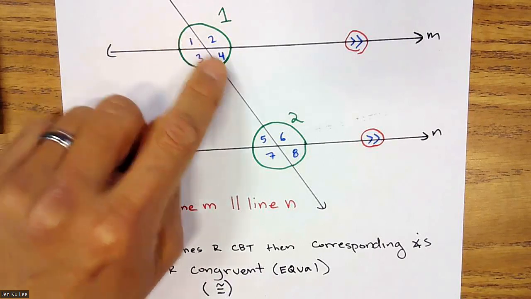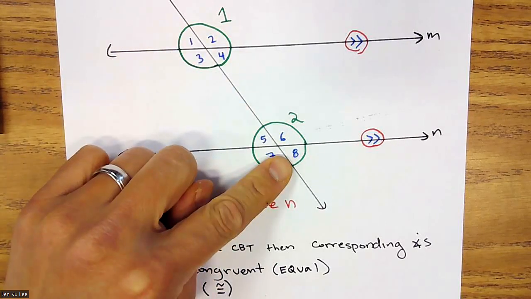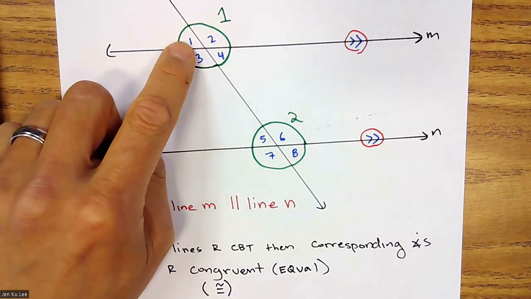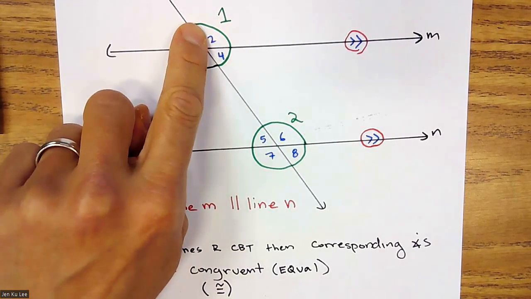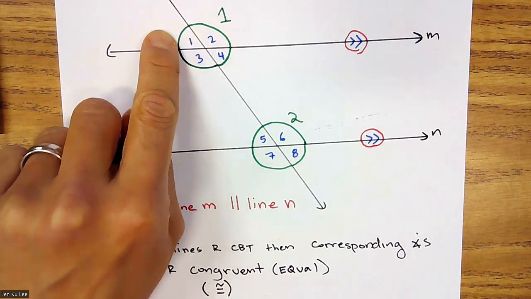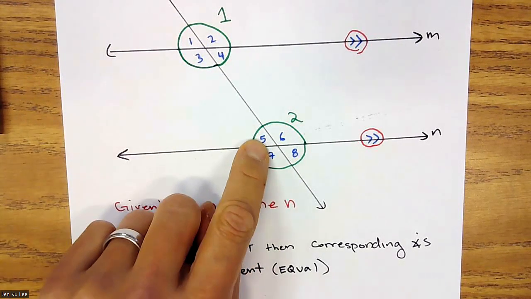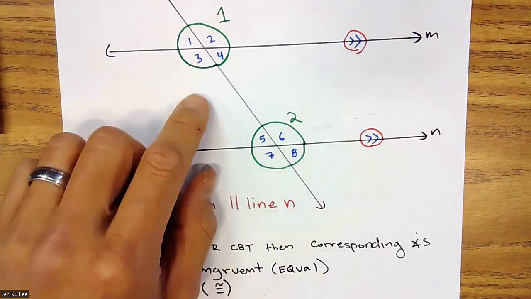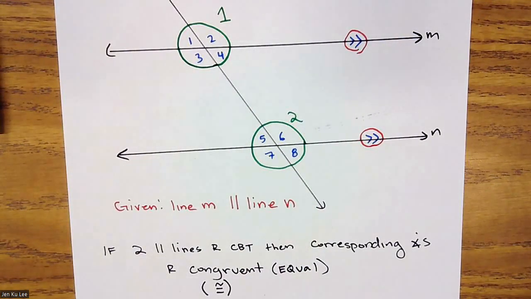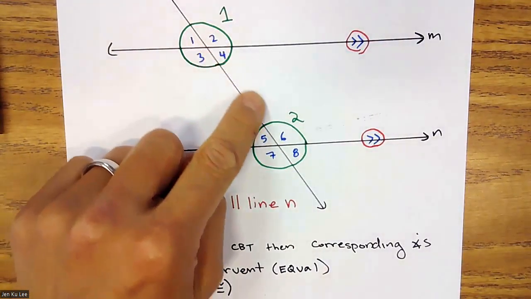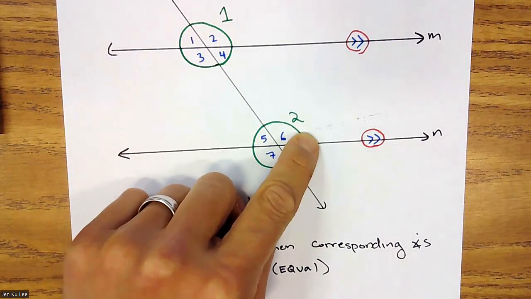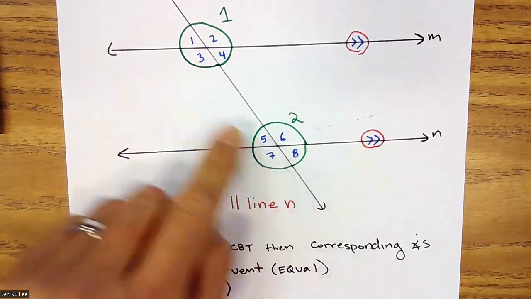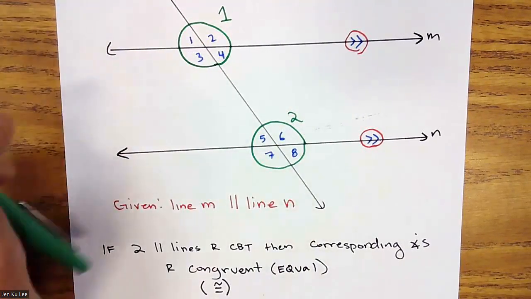Which angle corresponds to which in terms of position? Angle 1 is in the upper left. Upper left here is 5. They're in the same spot, essentially. That's what corresponding angles are. Angle 2 corresponds to angle 6. Angle 4 corresponds to angle 8, and angle 3 corresponds to angle 7.